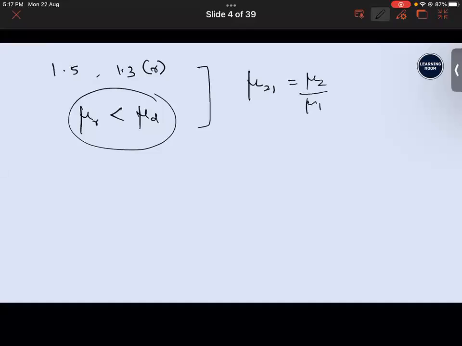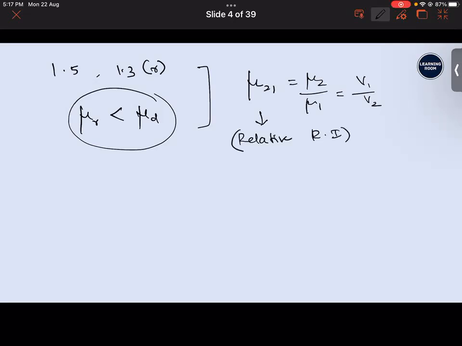It is mu2 by mu1, which is equal to v1 by v2. Can I say that? mu2 by mu1 is equal to v1 by v2 because they are inversely proportional. And what do you call this value? You call it relative refractive index. Have this in your mind.